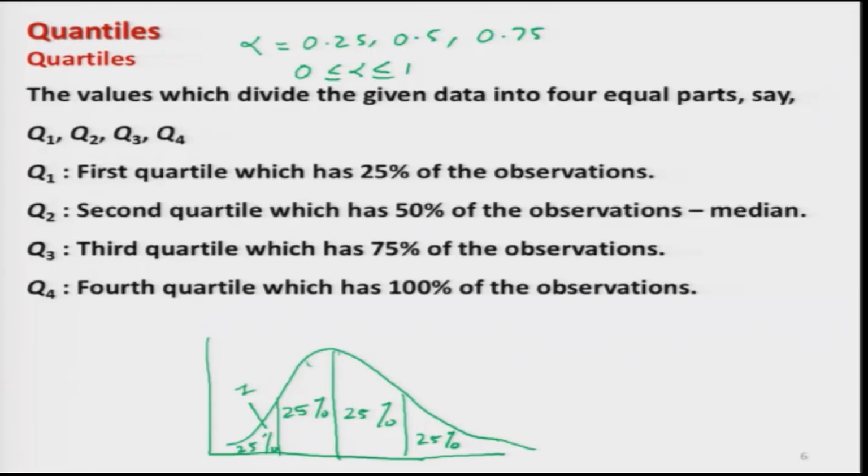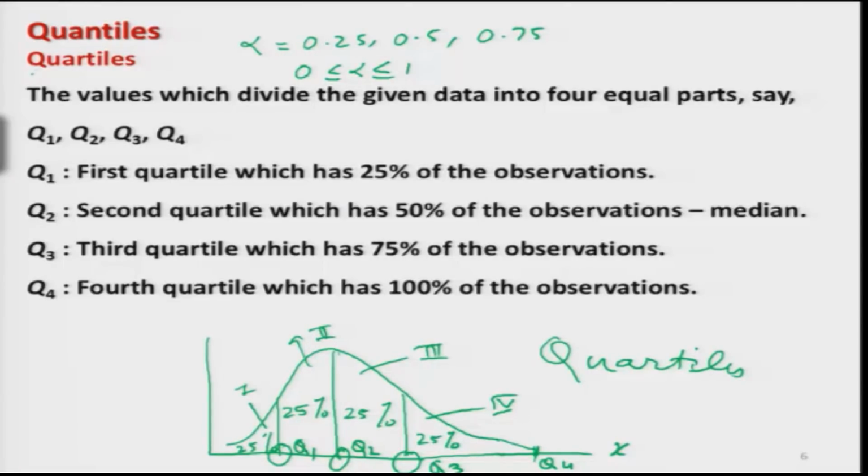This is the first partition, this is the second partition, this is the third partition, and this is the fourth partition, and corresponding to these I can write the values on the x axis. See here, this value is q1, this value is q2, this value is q3, and the final value is q4. So, these values are called quartiles.